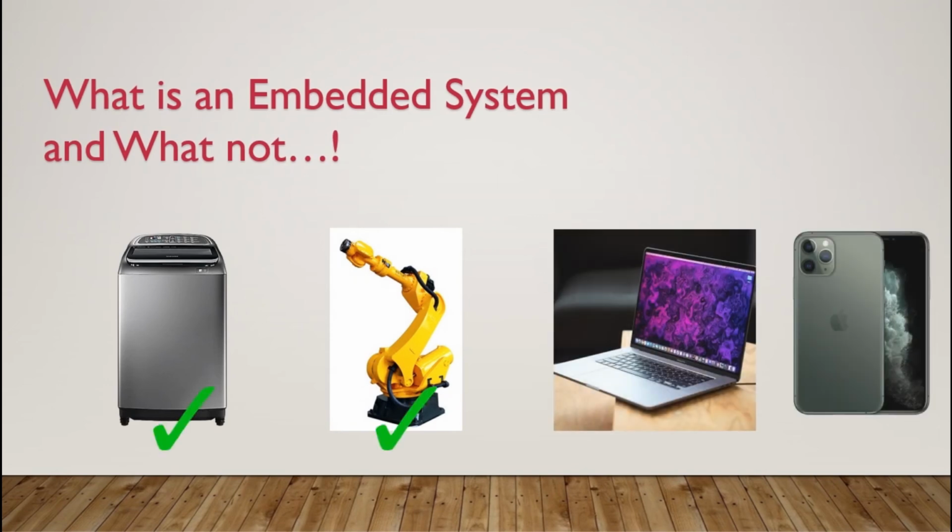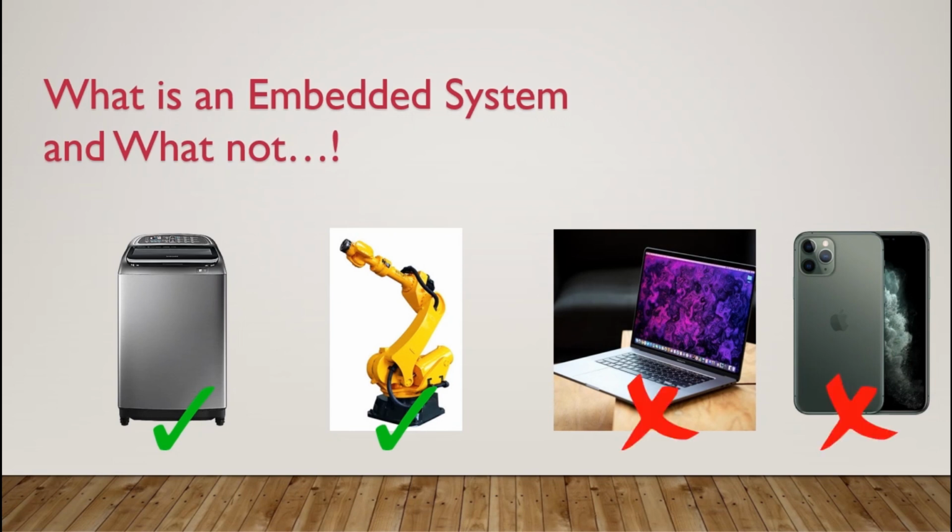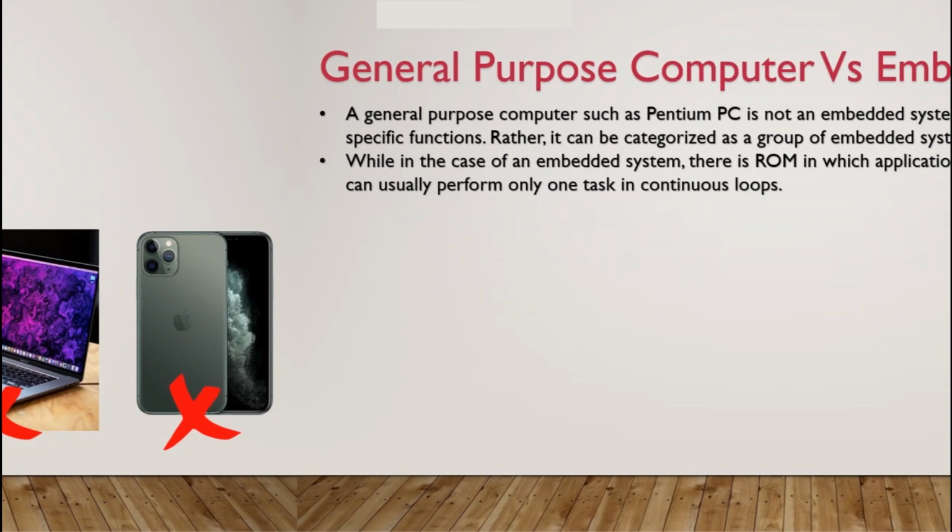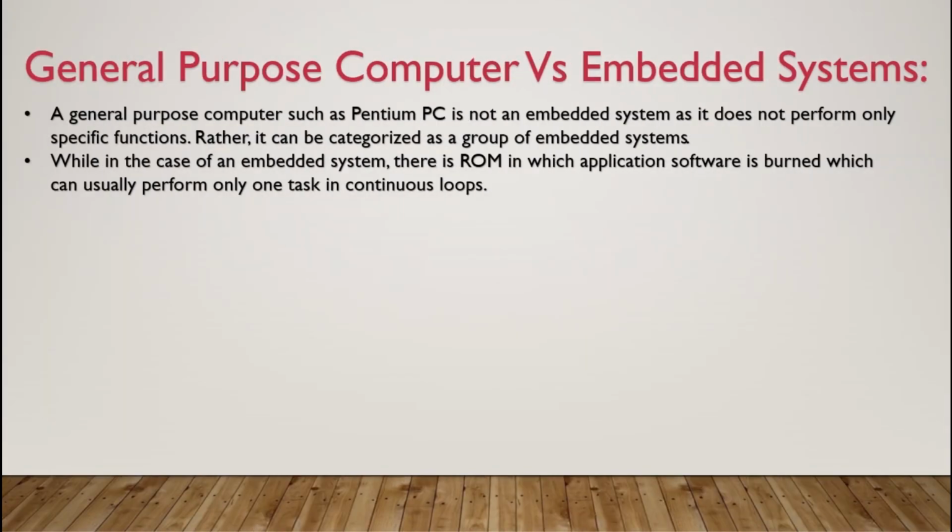But what about smartphones and PCs? They are not embedded systems. But why? Let's go ahead. How can we differentiate between a PC and any embedded system? A PC does not perform any specific function, rather it performs multiple functions at one time. This means it does not run any program in a loop. This is not an embedded system.